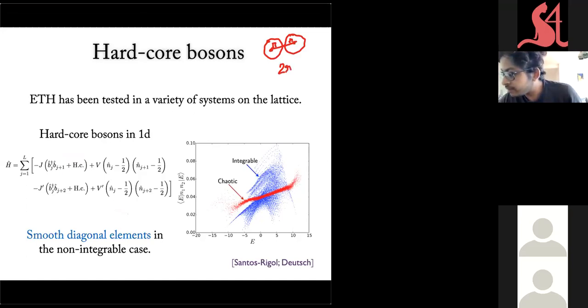If the distance between these two centers is less than 2r, then the potential is infinite. This means hardcore bosons can just touch each other and bounce back. The quantum mechanical analog of that is this Hamiltonian, called hardcore bosons in one dimension. You can also think of it as a one-dimensional Bose gas. That's another name for hardcore bosons.